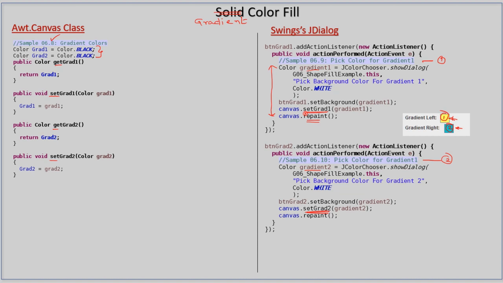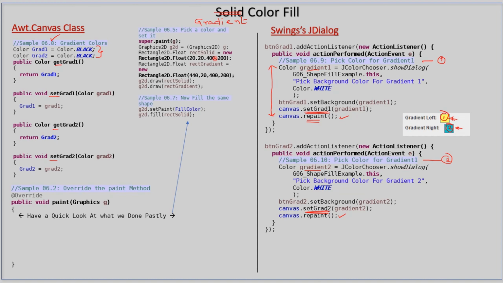Here the setter method is for gradient 1, here it is for gradient 2, and in both cases we call the repaint, so that if we pick yellow here, by default gradient 2 is black, and you will see interpolation between yellow and black. And once you select the second color, the interpolation changes from yellow to black to yellow to the picked color. If you click blue here, yellow to blue. So the code change will be simple, in the paint method.